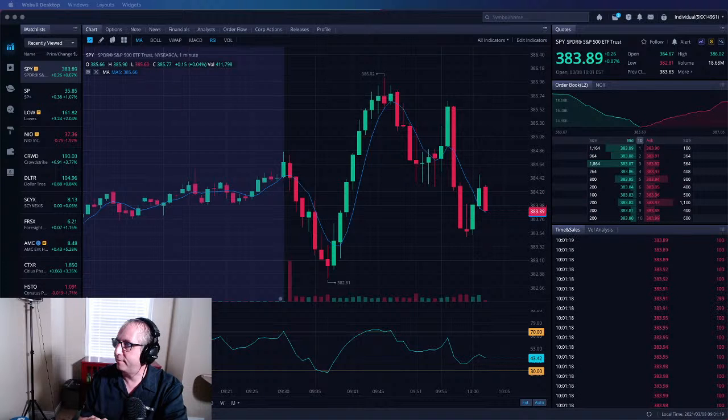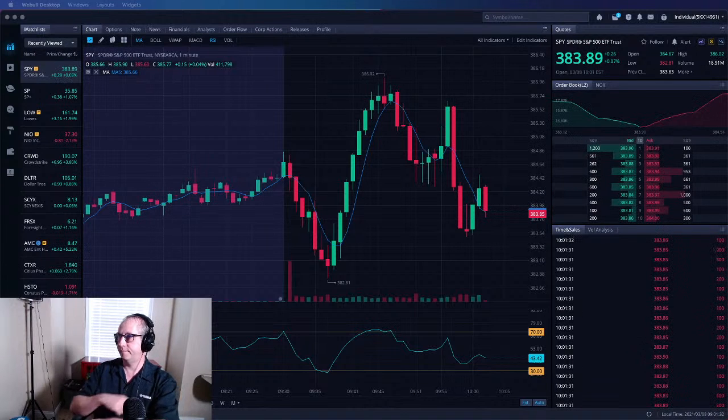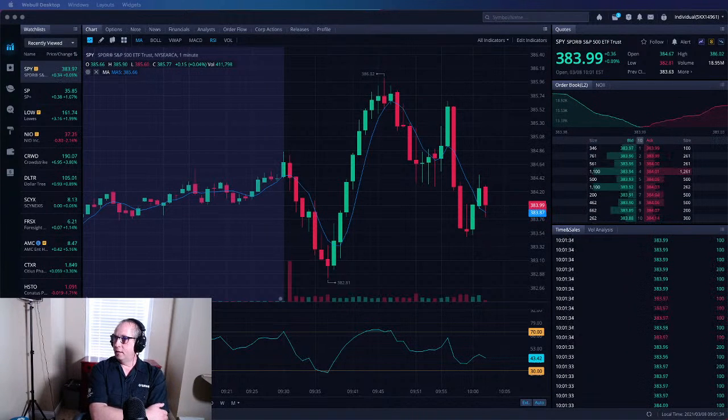It's looking that way. Boy, this thing's starting to go down now. SPY is starting to move downwards. 383.